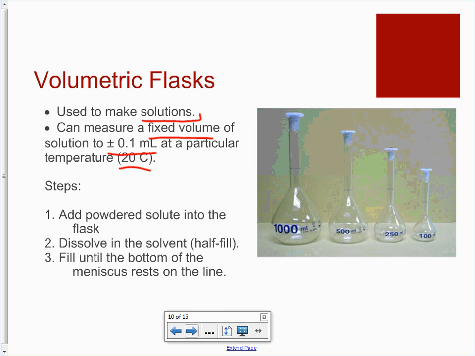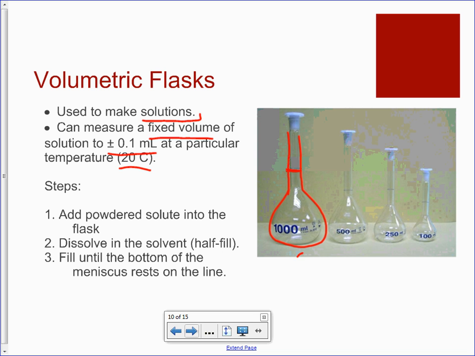The picture at the side shows you what a volumetric flask looks like. It generally is round at the bottom with a narrow neck at the top. There is a graduation mark across that narrow neck that tells you how much you have to fill up the volumetric flask to. Volumetric flasks come in very specific sizes.